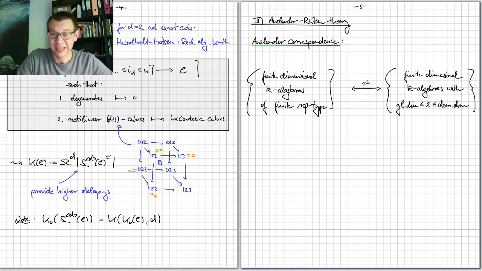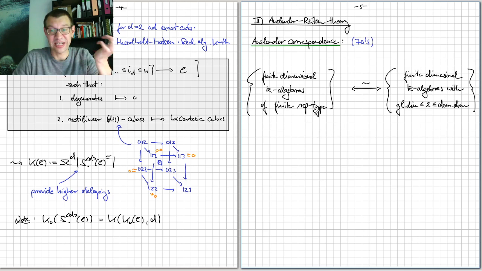This is a classical theory by now, which goes back to the 70s. Auslander introduced it in order to understand the representation theory of finite-dimensional algebras. What is finite representation type?